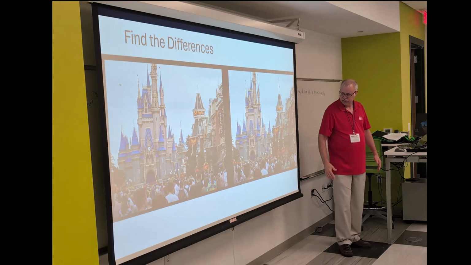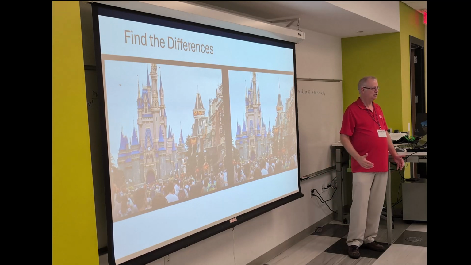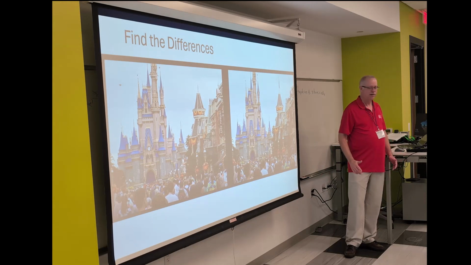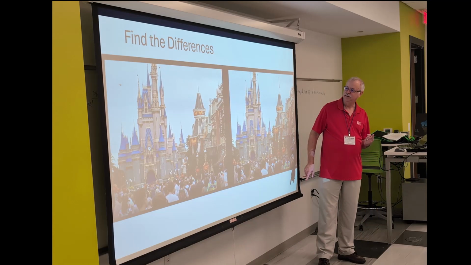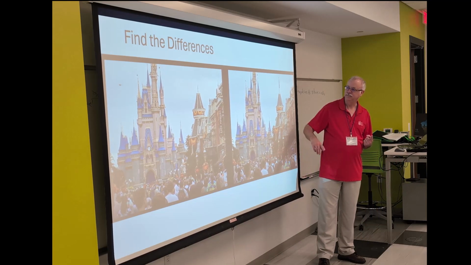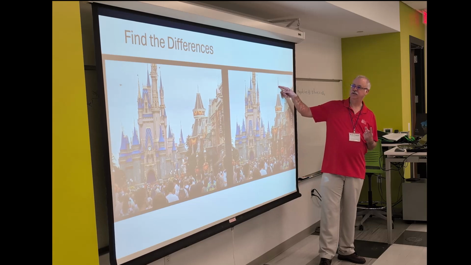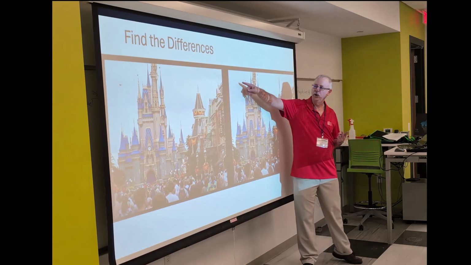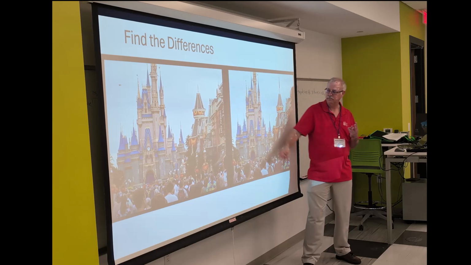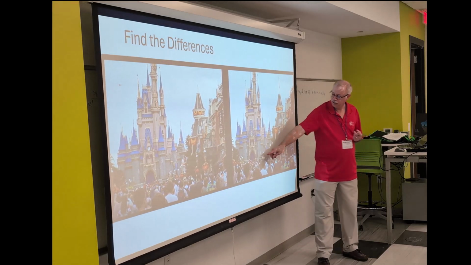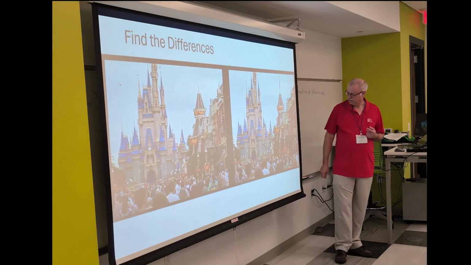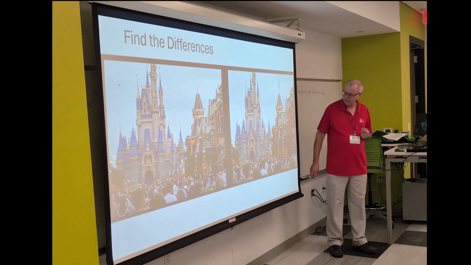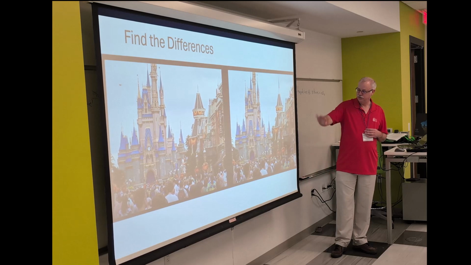So, does anybody spot any differences? The clock. Yeah, there's a difference with the clock. There's a little flag on, yeah, a flag somewhere up here that's not there. I've got a bird here, or dust. Yeah, I think Walt Disney's gone away over there. I think I took out Walt Disney. The windows are different on the top.